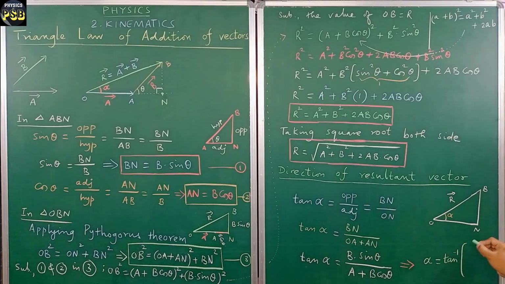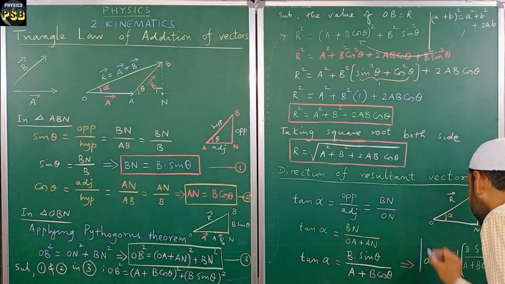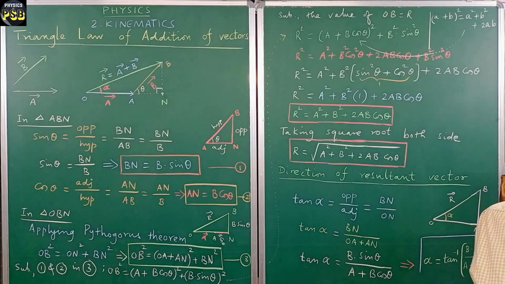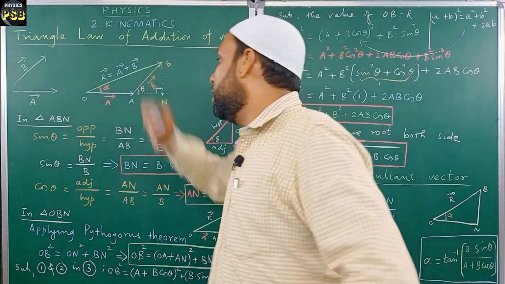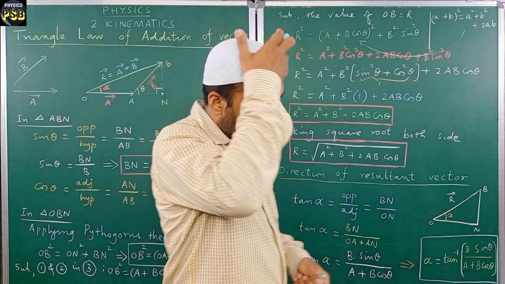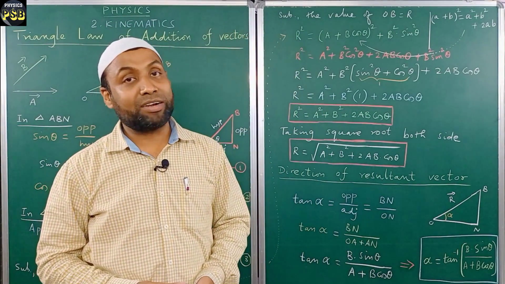So alpha is equal to tan inverse of B sin theta divided by A plus B cos theta, which is the final expression. If you want, you can box this for better visibility. Let me do it. This is the final expression which gives us the direction of the resultant vector R. This is how one can easily find out the magnitude and the direction of a resultant vector.